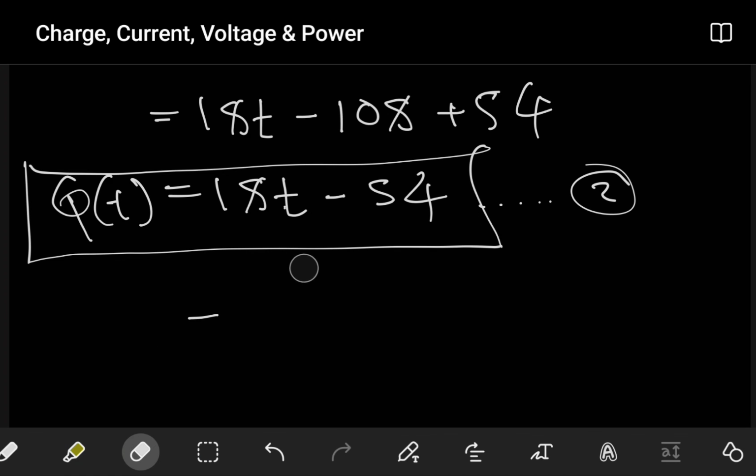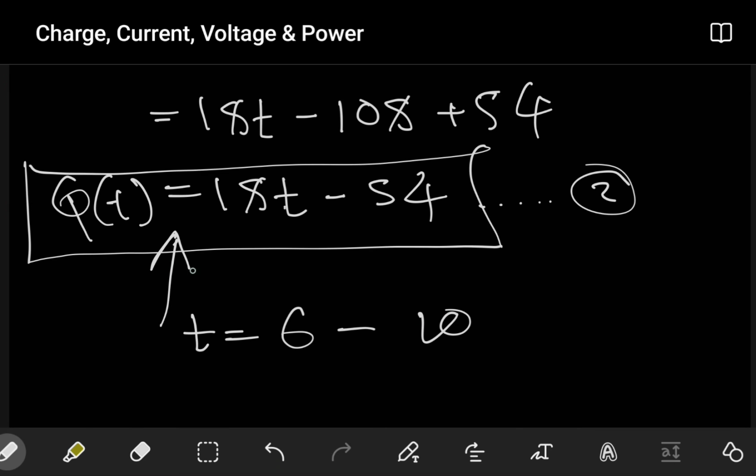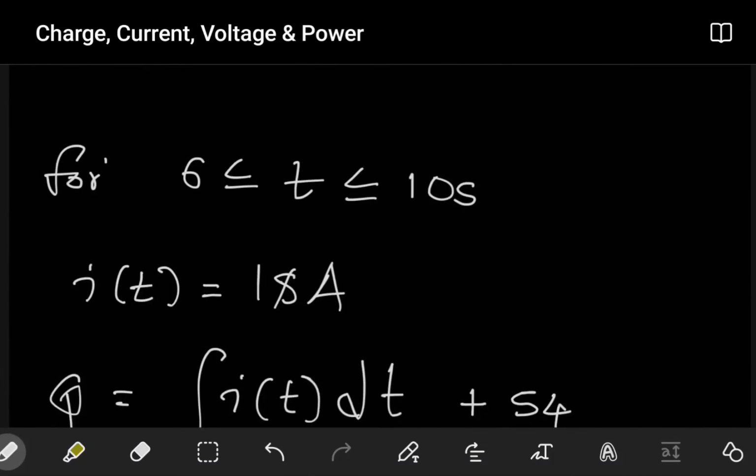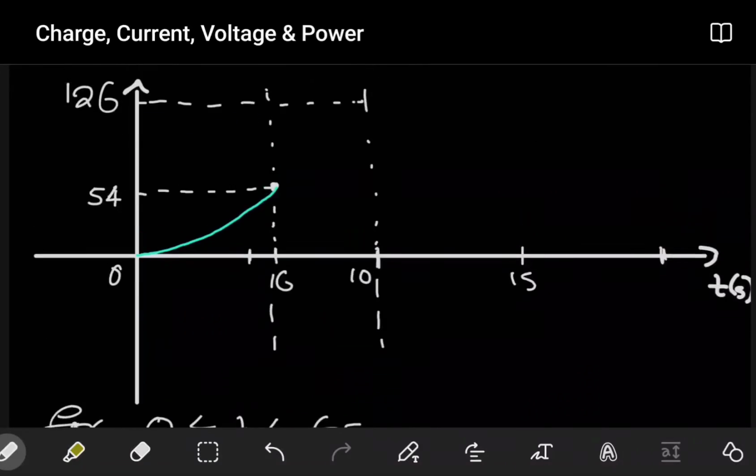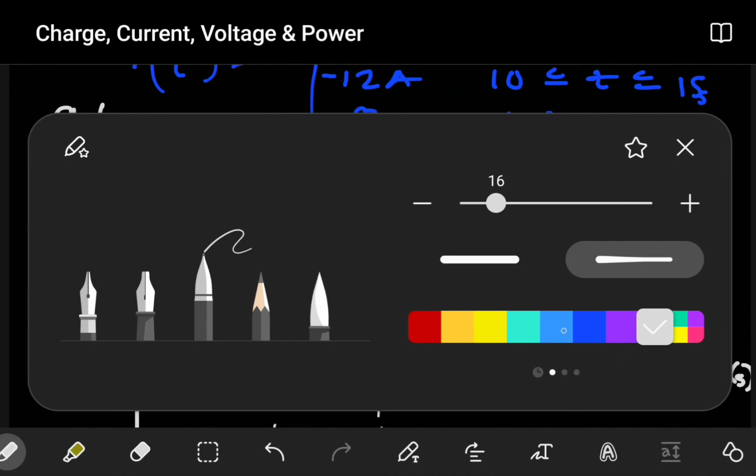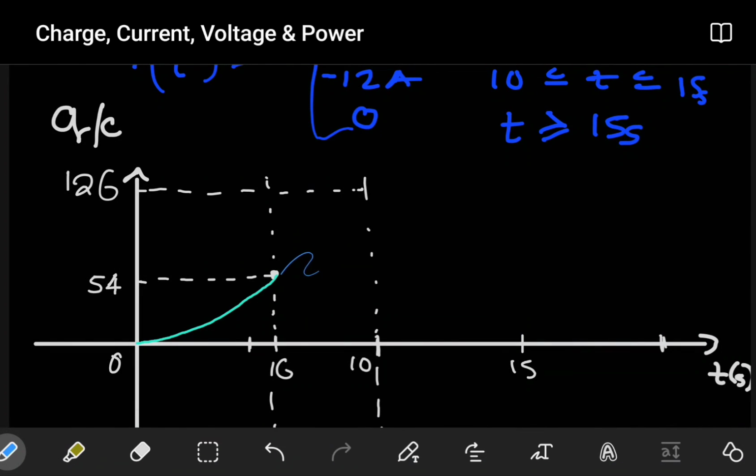Now, what this equation helps us with is identifying the behavior of the function from t equals 6 to t equals 10 seconds. Observing this equation tells us this is a linear equation, and being a linear equation, the behavior we see in this region is a linear relationship. So if we were to draw the graph here, we're going to see a straight line until we reach our 10 there.